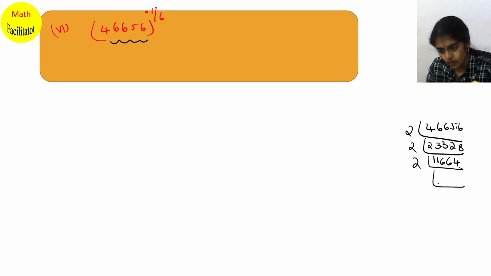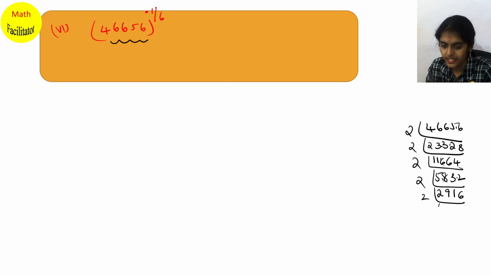Again you can take 2, 2 5s are 10, 2 8s are 16, 2 2s are 4, 2 9s are 18, 2 6s are 18. Again you can take 2, 2 4s are 8, 2 5s are 10, 2 8s are 16. Again one more 2, 2 7s are 14, 2 2s are 4, 2 9s are 18.